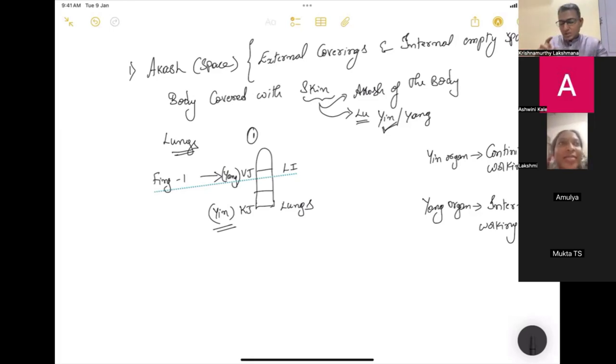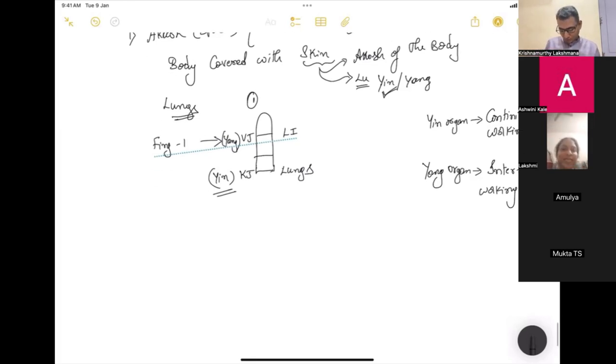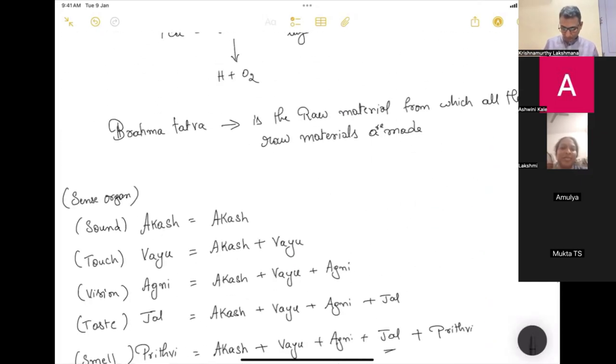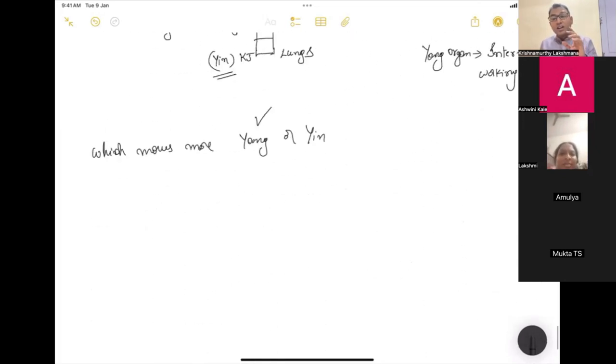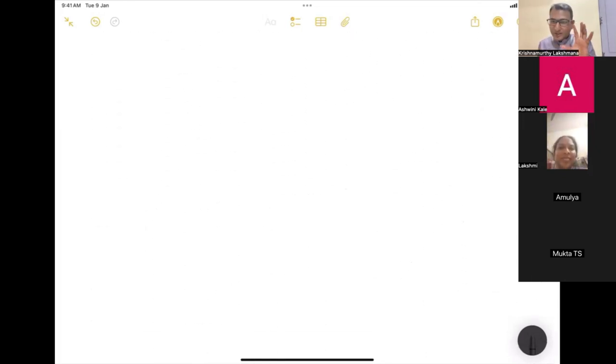You can see it: which moves more, yang or yin? Yang moves more. The excessive movement is in the yang. Yang has wind, right? Yin is continuously working and yang works only when it is given.